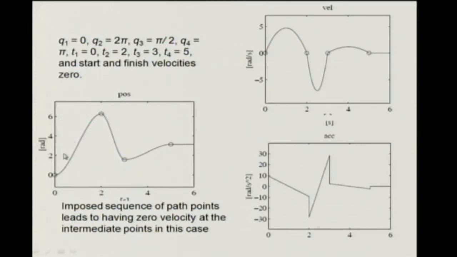No, v is not the velocity in the interval. This v is essentially the difference of these two divided by the time interval. But because you are doing a cubic spline interpolation, displacement is cubic and velocity is a quadratic function.